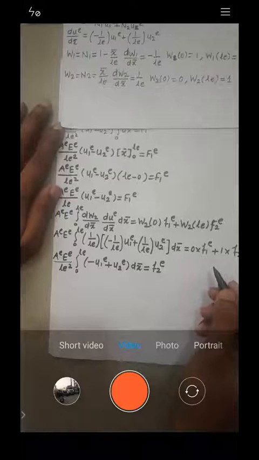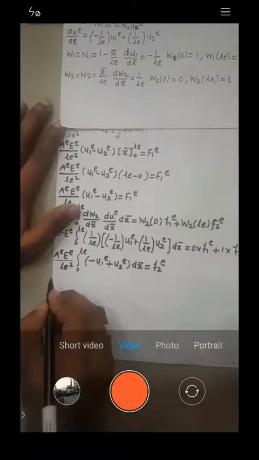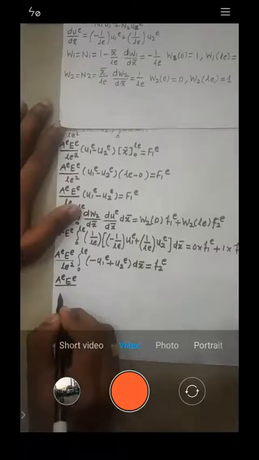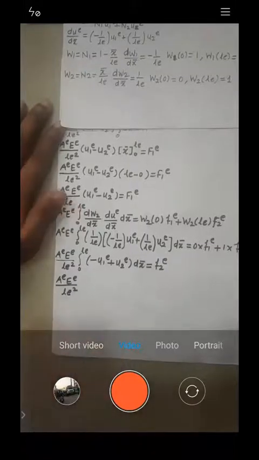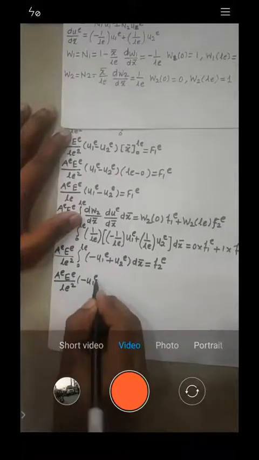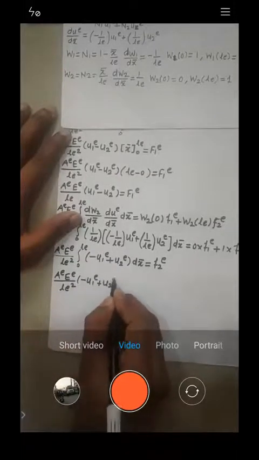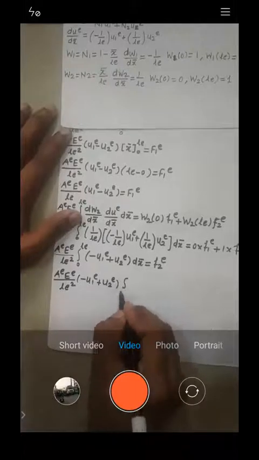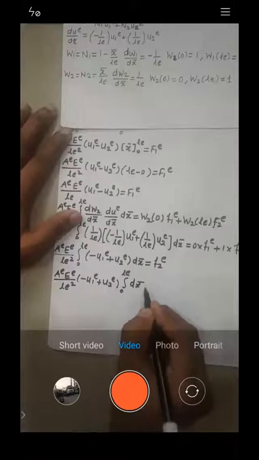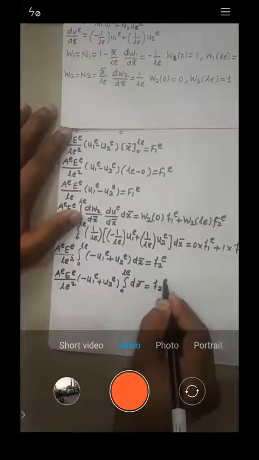Yes or no? Yes, sir. So AE, EE by LE square. Again, this minus U1E plus U2E will go outside. What is remaining? It's 0 to LE dx bar is equal to F2E. Is it okay?